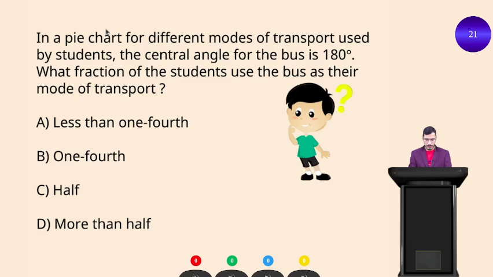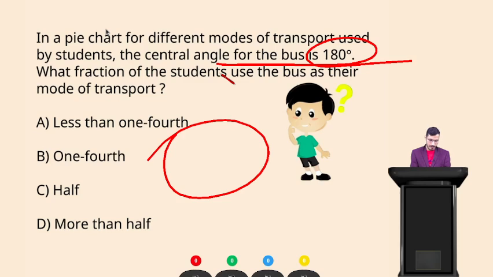You can see the central angle for the bus is 180 degree, and the central angle of the total circle is 360 degree. Okay, time's up. Students, you can see 360 degree and half means 180 degree. So option C is the right answer here.